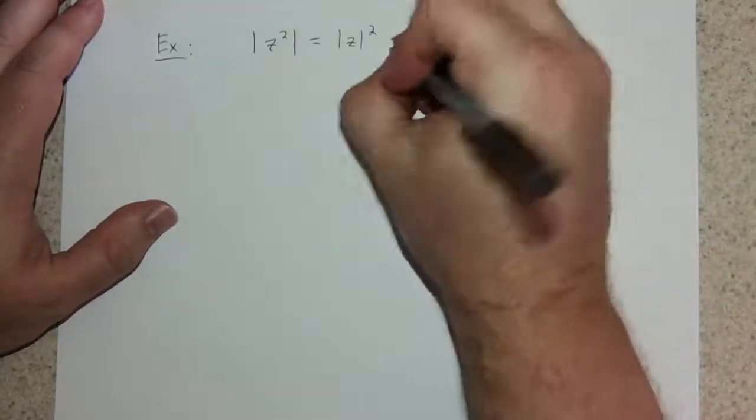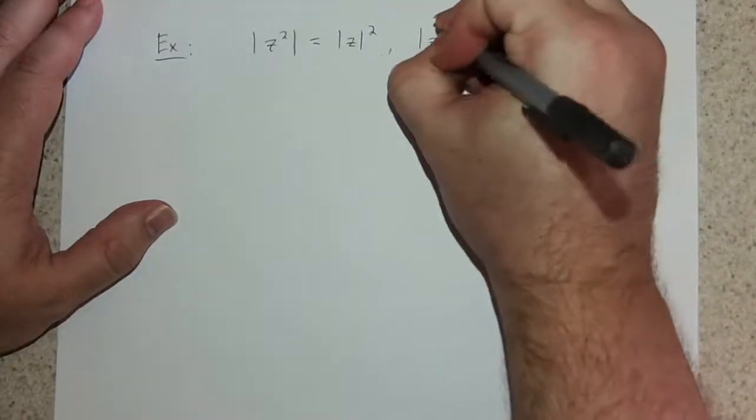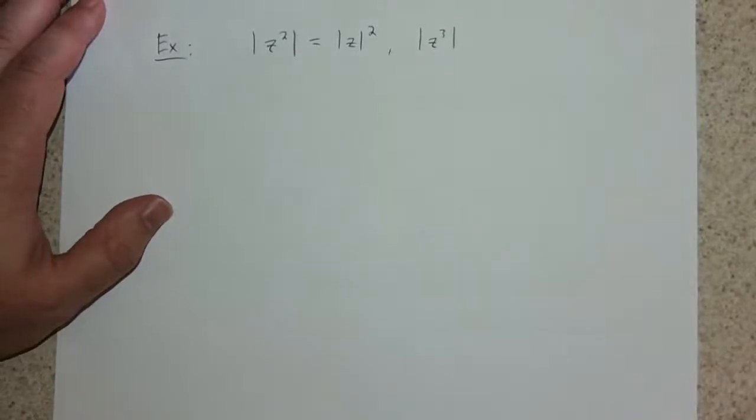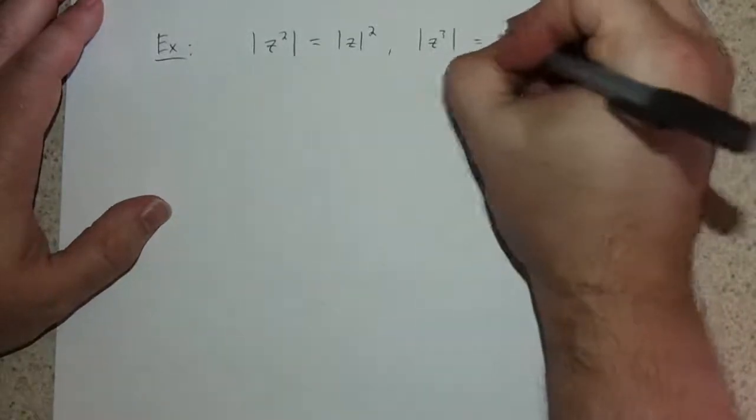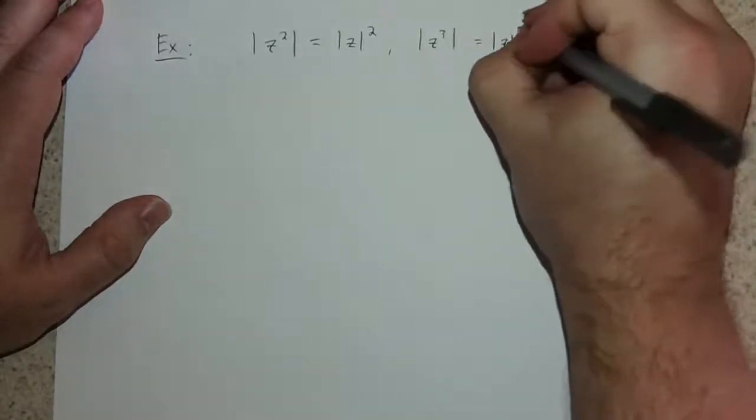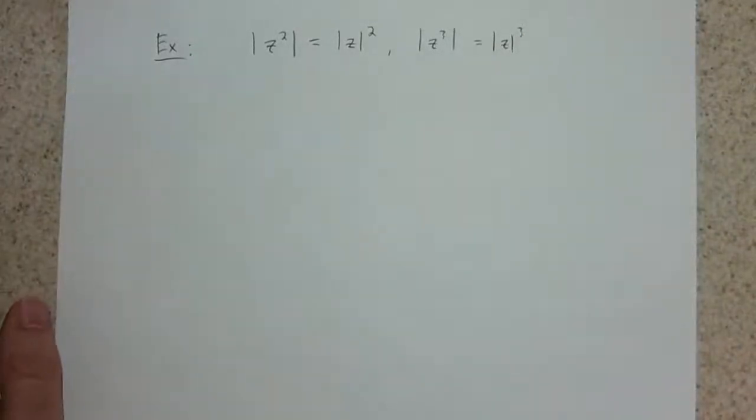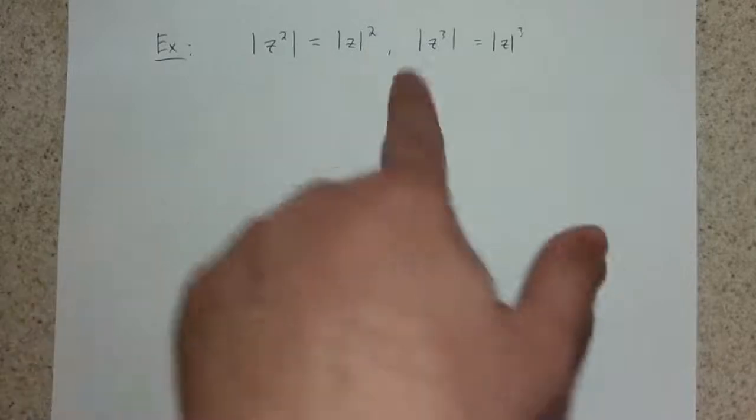Or if I have the modulus of z cubed, that is actually equal to the modulus of z all cubed, right? Sounds like I'm saying the exact same thing. It turns out it doesn't matter because we have this equality from that last fact.